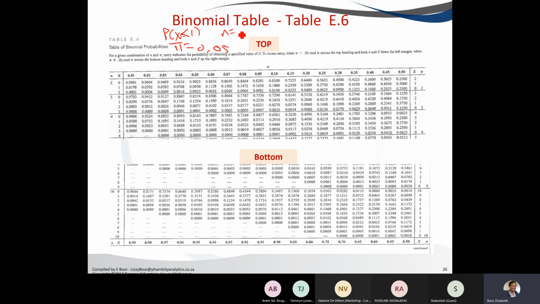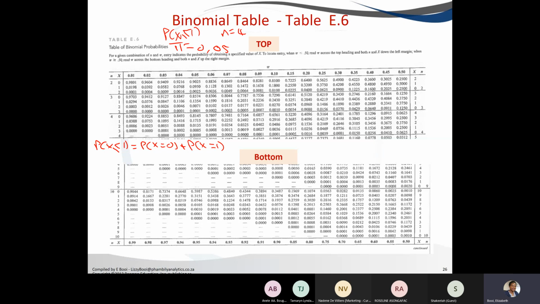And our n is equal to 4. So we know that we're looking for the probability that x is less than 1. Therefore, we're looking for the probability that x equals 0 plus the probability that x equals 1, because let's say it's less than or equal to, since I wrote it like that, I included that.